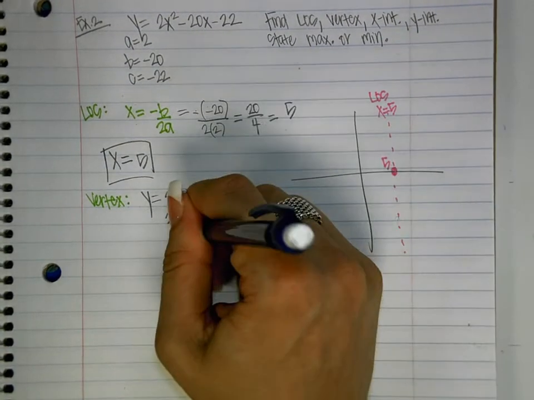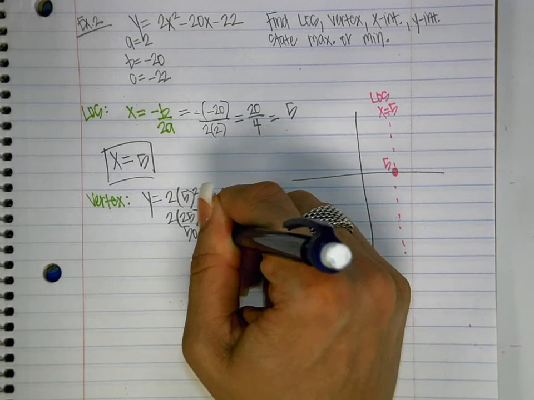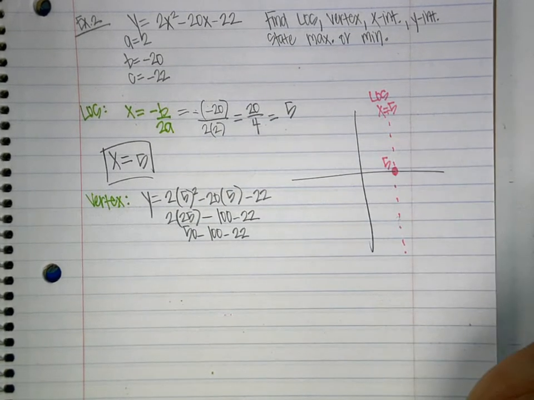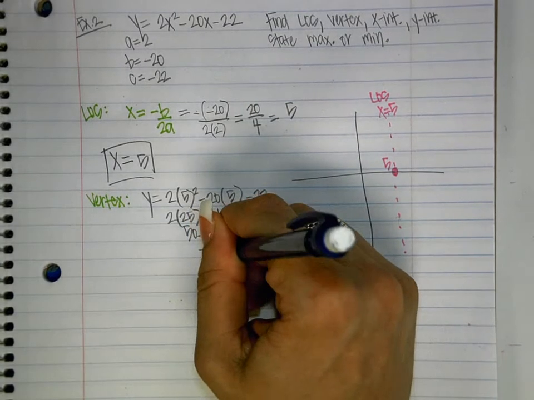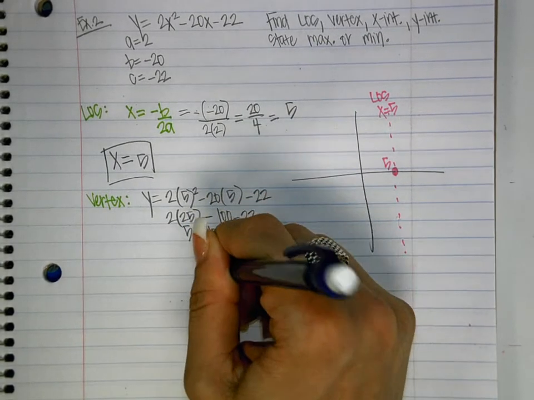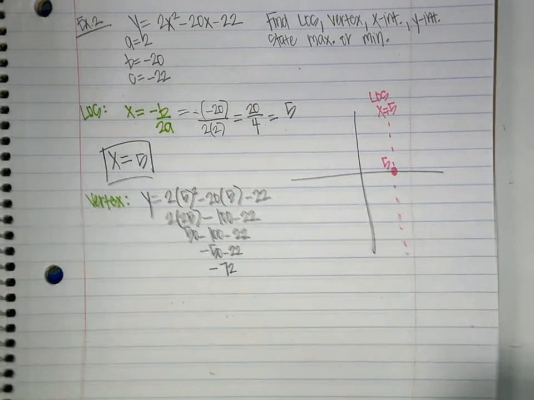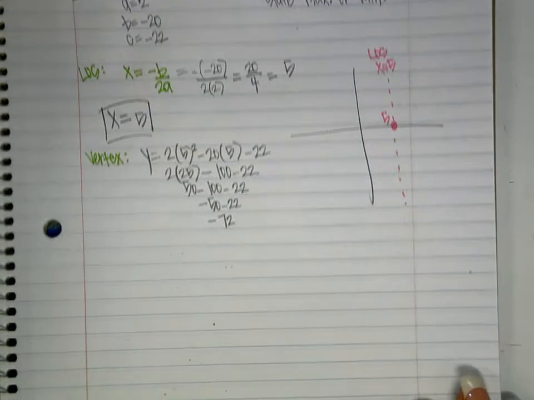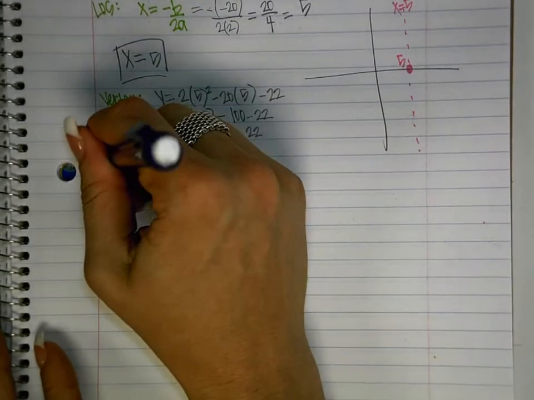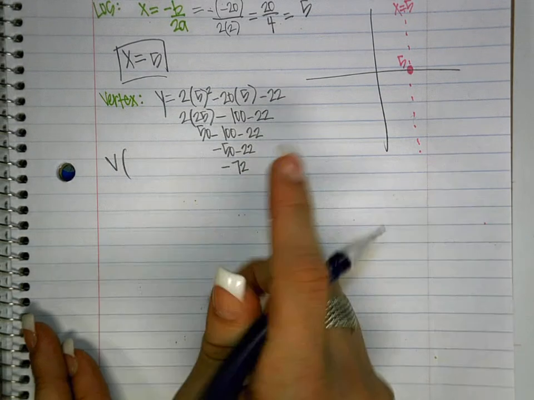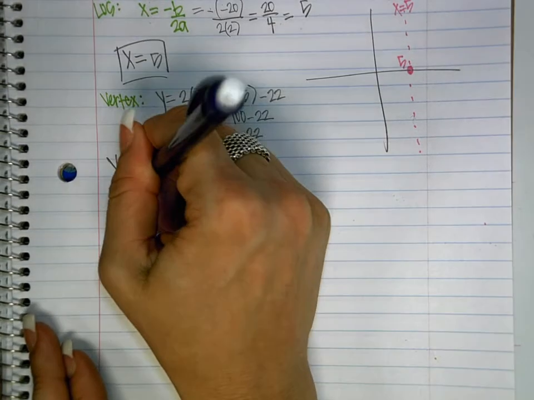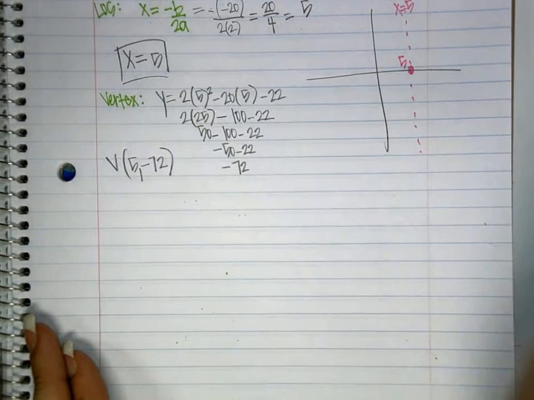You work that out, we get 50 minus 100 minus 22. What is 50 minus 100? Negative 50 minus 22 gives you a y value of negative 72. So my vertex, use the x portion from the first part, the y portion from the second part, so your vertex is at 5, negative 72.